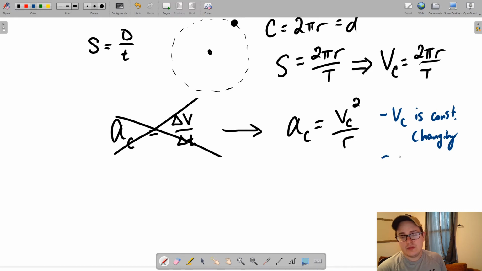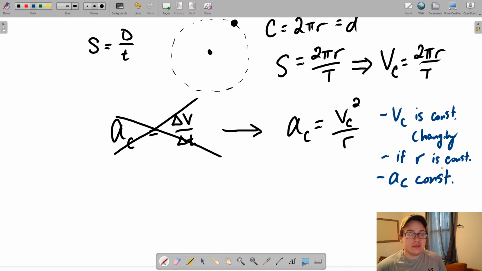And we can then say that if radius is held constant, if r is constant and centripetal velocity is constantly changing, your centripetal acceleration is going to be constant. So the overall speed doesn't change, but your velocity does, because you're always changing direction. So make sure when you're talking about these, you don't use vague terms like speed, because when you say speed, you also need to include that the magnitude doesn't change with direction.